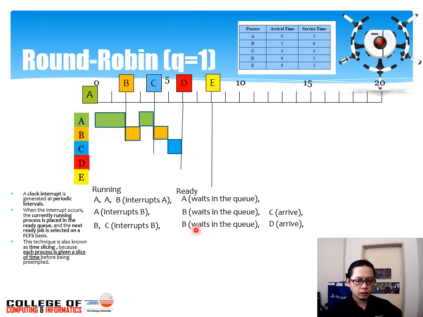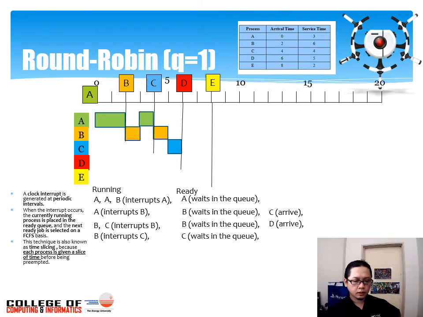Will it be B or D? The answer is B will interrupt C, because in the queue, B is the first in line followed by D. So logically, B will interrupt C, the one that is executing.